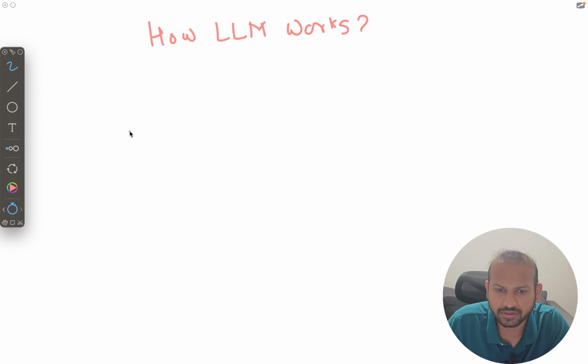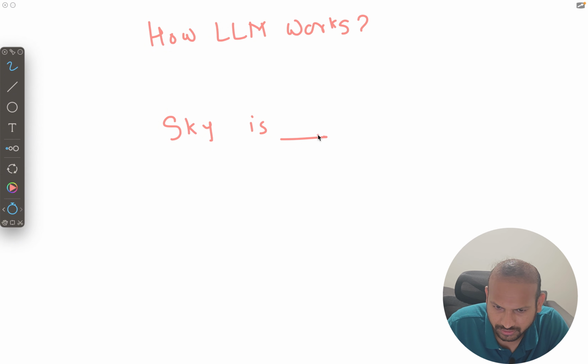Now, how does an LLM work? An LLM produces the next word output based on the previous input. For example, if we have the text "sky is dash". If the LLM model is not trained well, or if it is in the early stage of training, it may produce some garbage output. Sky is, let's say, a laptop.